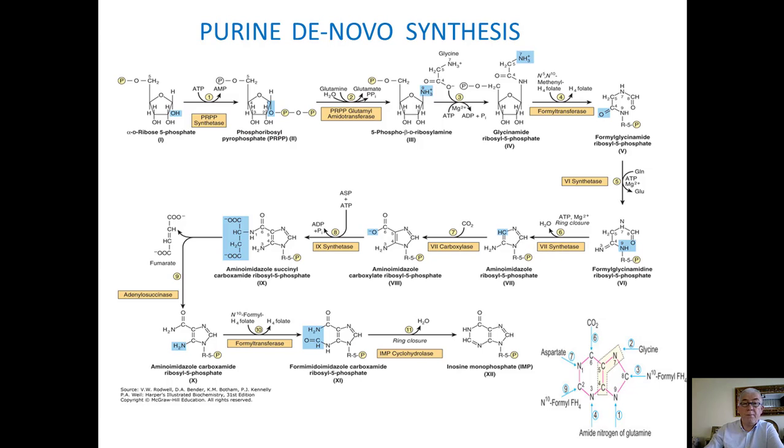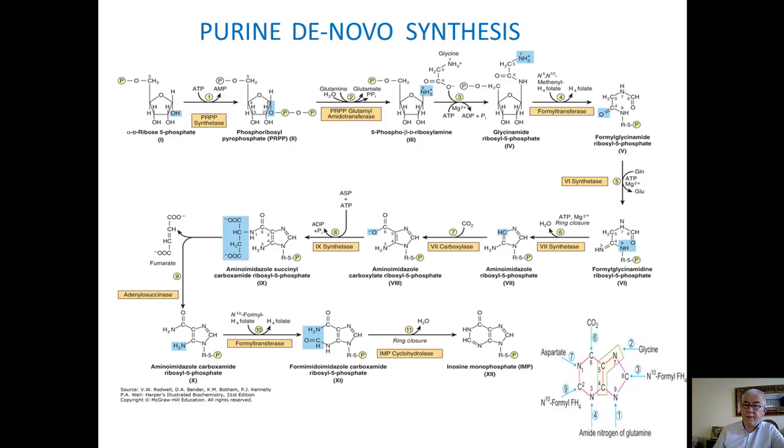It must go on to synthesize the purine ring system step by step. After that, the amino acid glycine enters the reaction and gives carbons 4, 5 and nitrogen 7 to the ring system. Then methyl tetrahydrofolate, the active form of folic acid, gives carbon 8 of the purine ring system and is reduced to tetrahydrofolate.